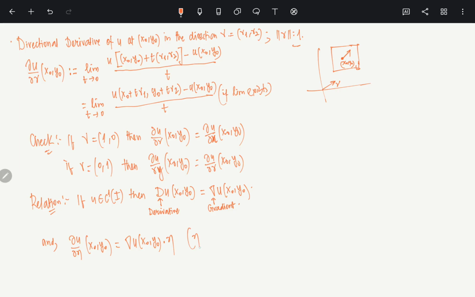So eta is the direction. In our case, I just wrote eta to be gamma, but anyway, some direction eta doesn't matter. So if u is C1, then this is true: del u del eta at the point x0, y0 will be given by the gradient of u at the point x0, y0 dot eta.